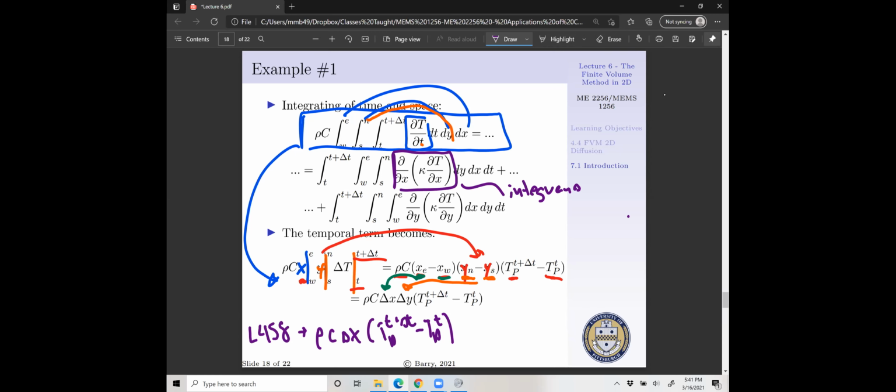We got del by del x operating on kappa del t del x. So if we integrate this with respect to y, we're just evaluating y between our north and our south face, right? And then all we're left with is our temporal integral hanging on the left and our spatial integral. And we know how to handle the integration of del by del x of the quantity kappa del t del x, also from lecture 4.